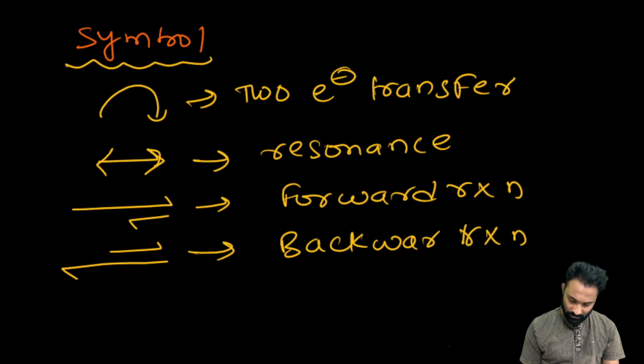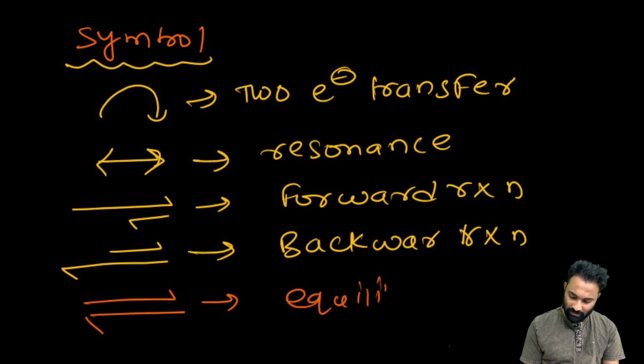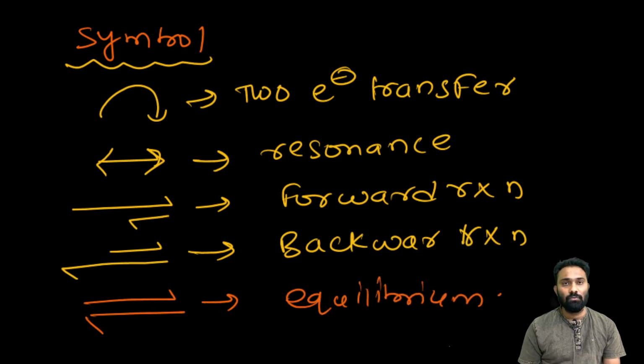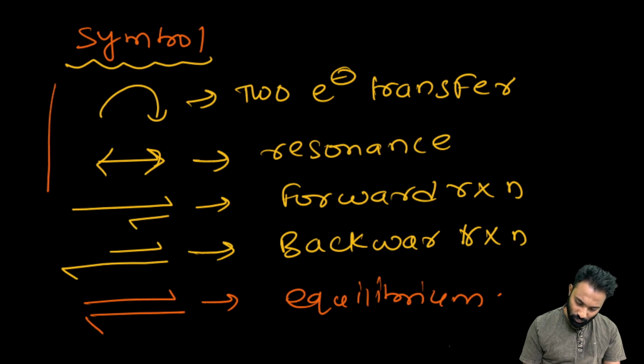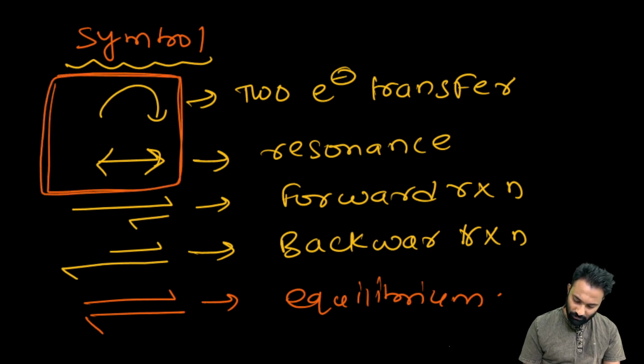Next, this symbol indicates equilibrium. Clear? These are the symbols you have to remember. Most of our organic chemistry, these 2 symbols we are going to use repeatedly. These 2 symbols will play a very crucial role while we study the mesomeric effect.